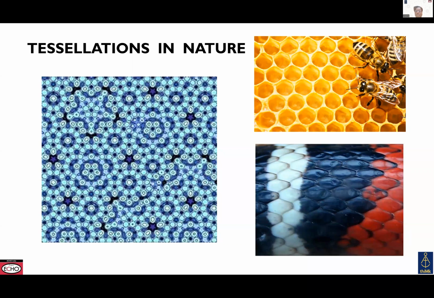Crystal, you know what a crystal is, right? A sodium chloride crystal is like many cubes put together. The alternate sodium and chlorine atoms are on the vertices of this cube, and the pattern repeats.